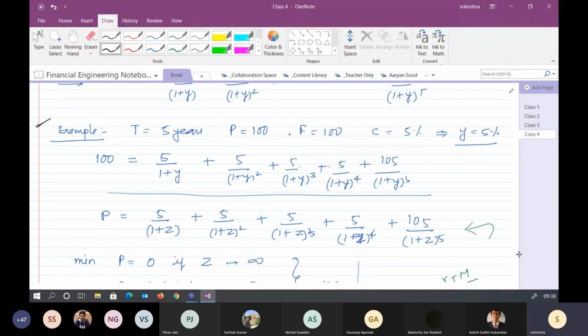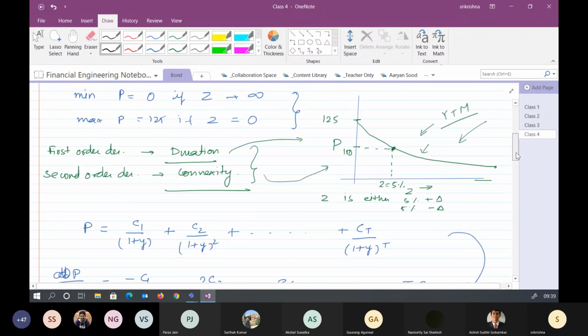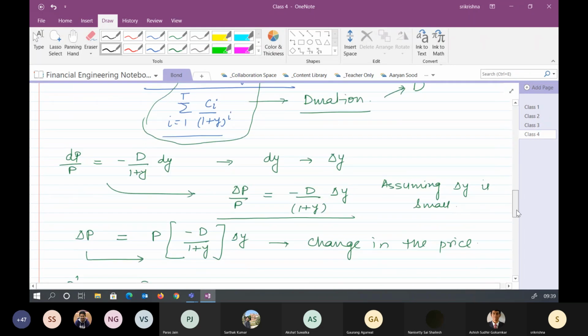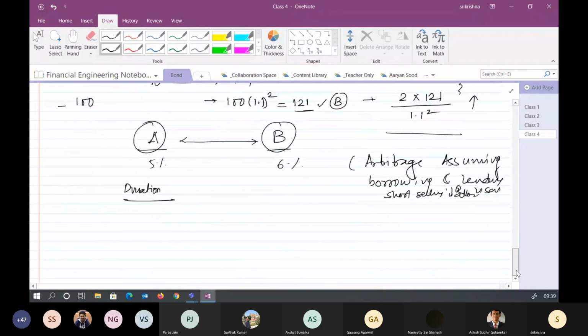So can we calculate the duration? Tell me the duration. So how do we do that?